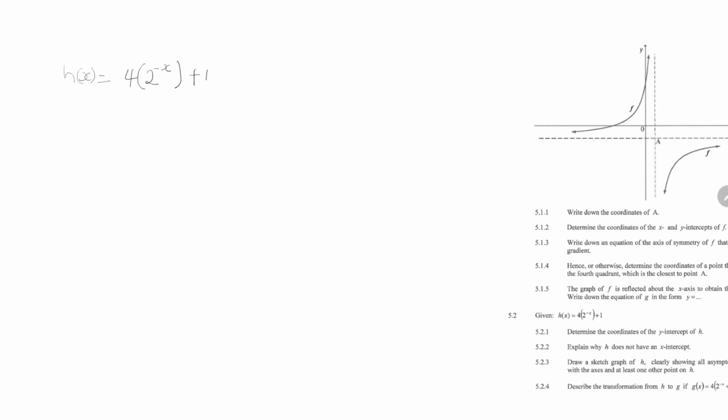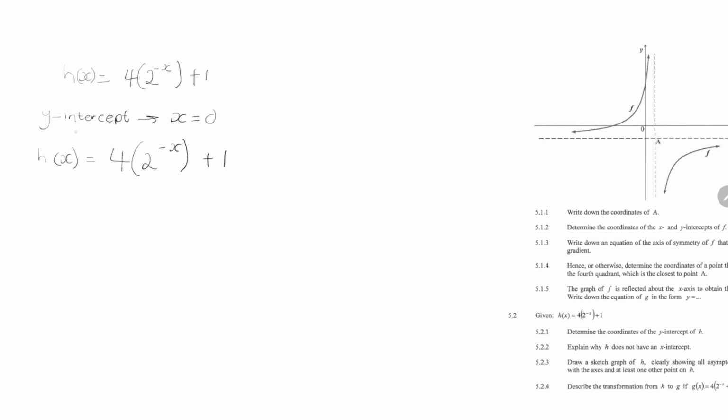So we also have a rule considering the y-intercept or the x-intercept. When we want the y-intercept, what do we do? We make x equal to 0. So we will do the same thing here. So we have this graph of h of x equal to 4 multiplied by 2 to the power minus x, close bracket, plus 1.